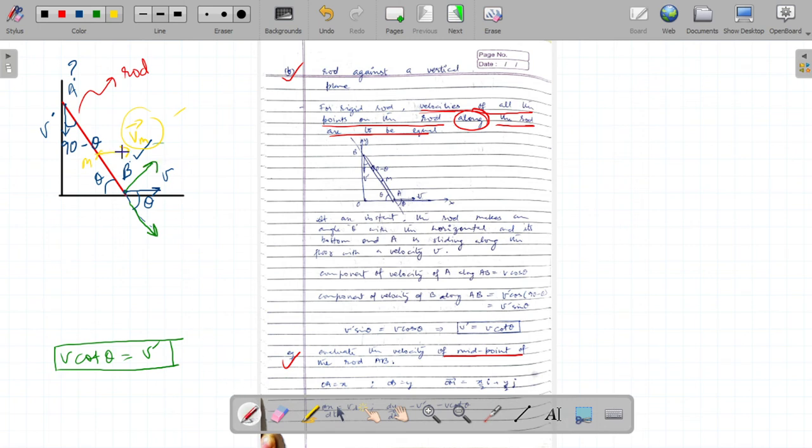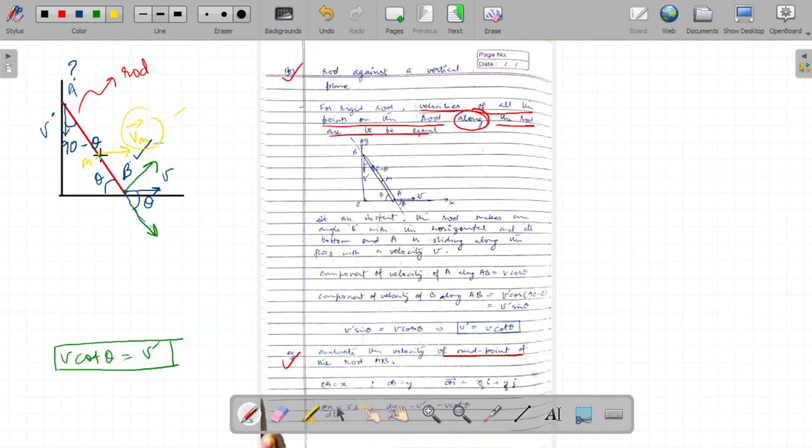If I select the velocity of midpoint with some value, let's say v m, and let's say it makes some angle, alpha or beta, we would get two variables, right? And it would be quite difficult to evaluate two variables if we have a single equation only.